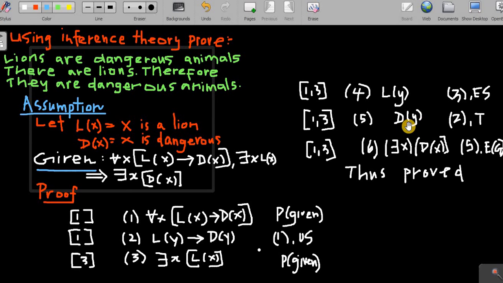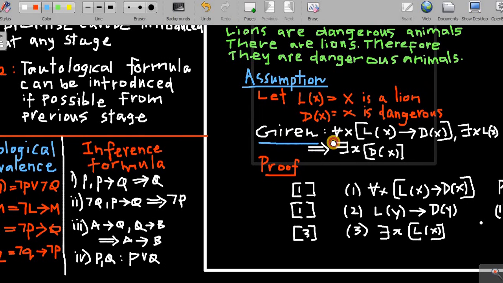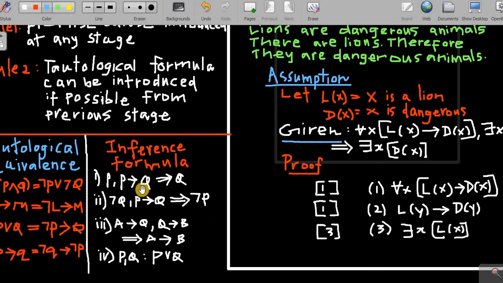Because in the fourth step we have L of y, and L of y implies D of y, so D of y. That's the formula.